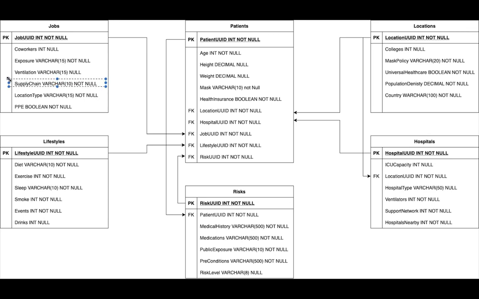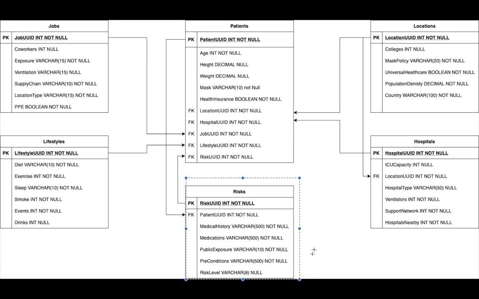Supply chain is focusing on if it's fully automated or if it's fully workers in a warehouse or if it's a hybrid mix. And also what kind of location they're in and if they have access to personal protective equipment. Lifestyle is just getting basic information of how a person lives, how they eat, how they sleep, if they smoke, how many events they go to.